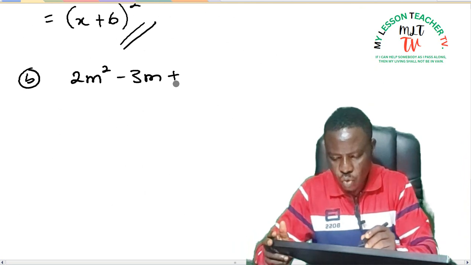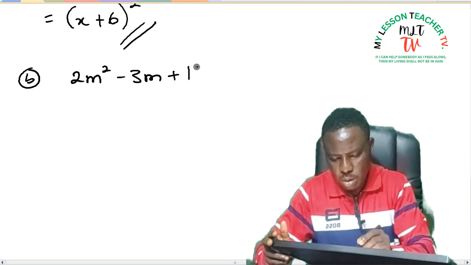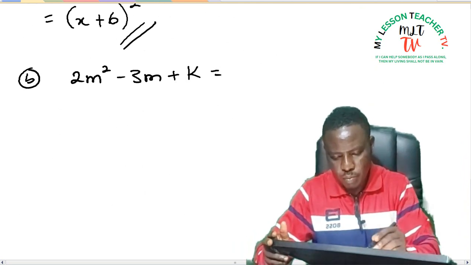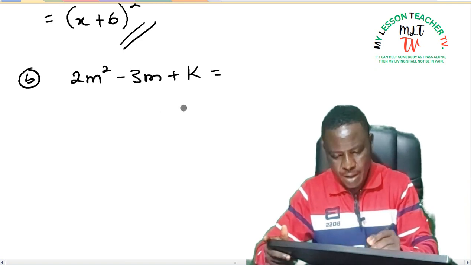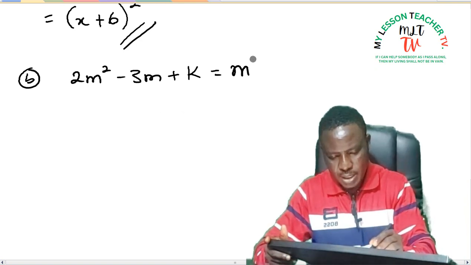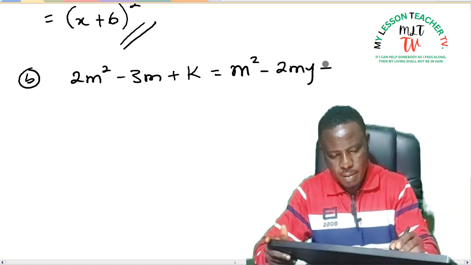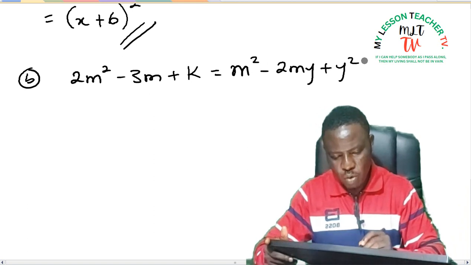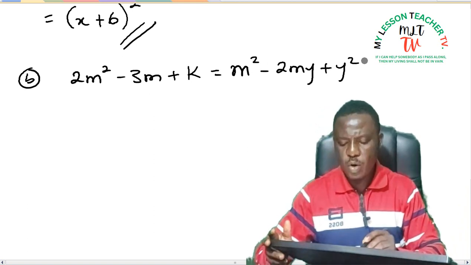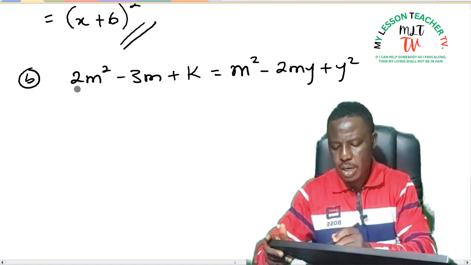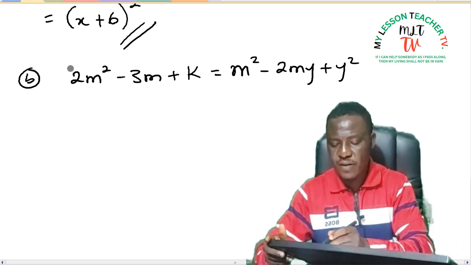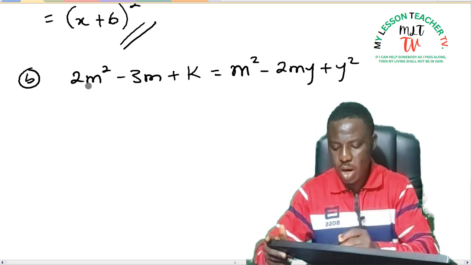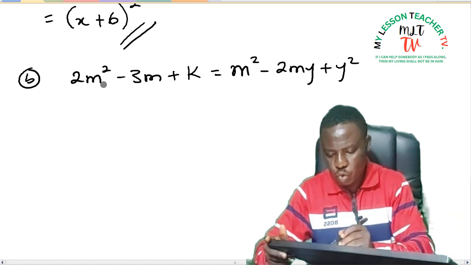Let's call it k as usual, to be equal to, because we are dealing with m, I'm going to use m squared minus 2my plus y squared. Before we compare coefficients, it is advisable that the first term must be a perfect square. So I'm going to divide both sides by 2.